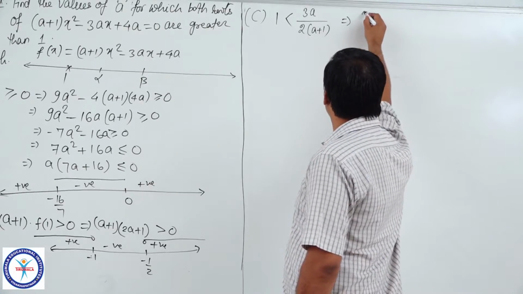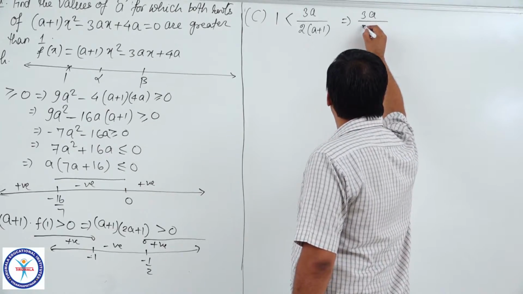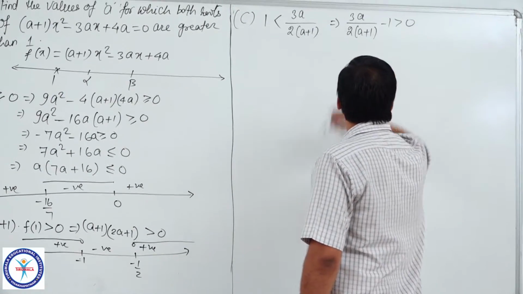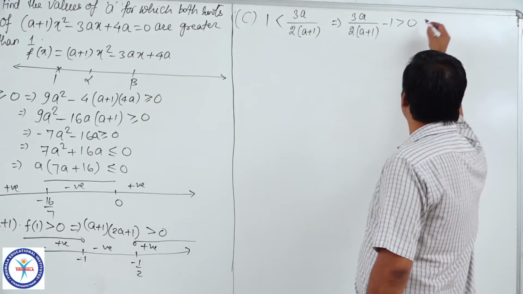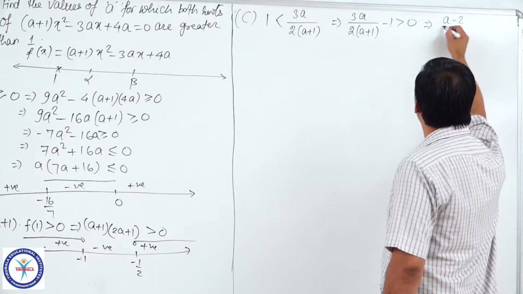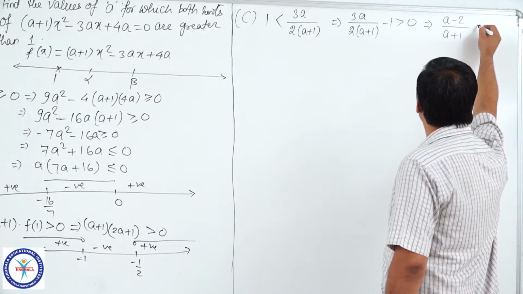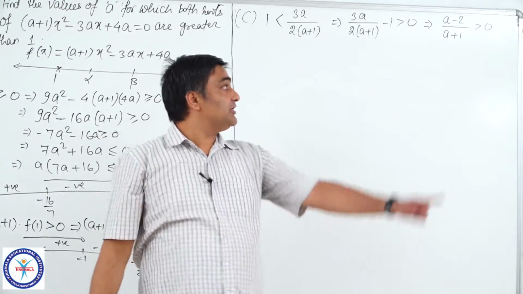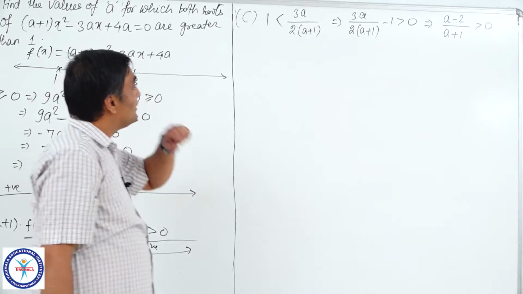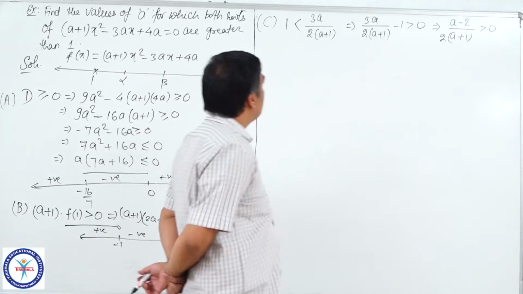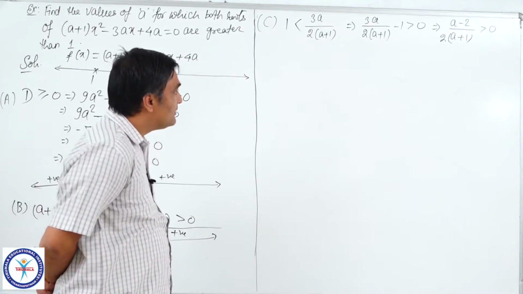This implies 3a/(2(a+1)) − 1 greater than 0, that is (a−2)/(2(a+1)) greater than 0. Isn't it?